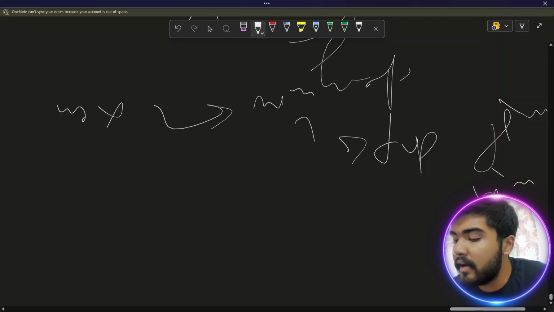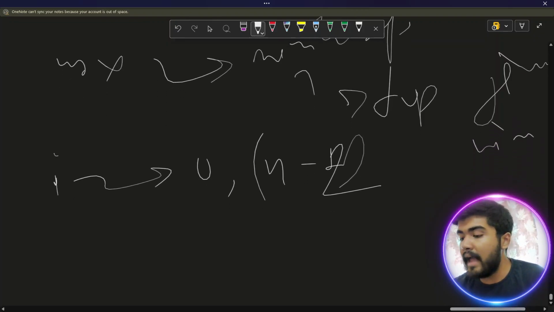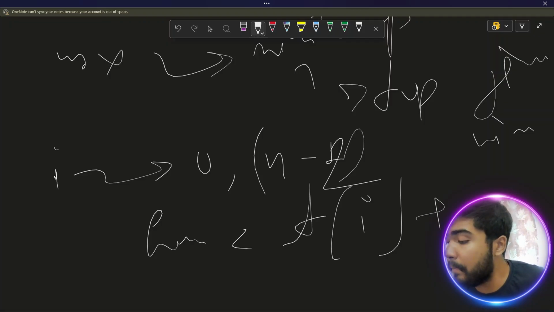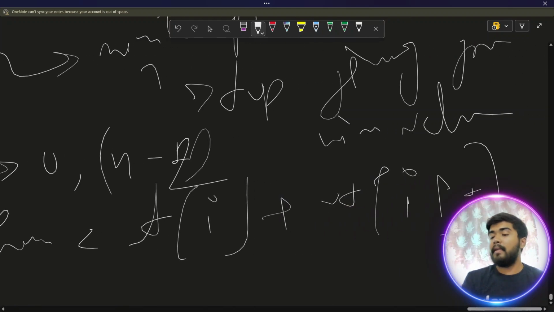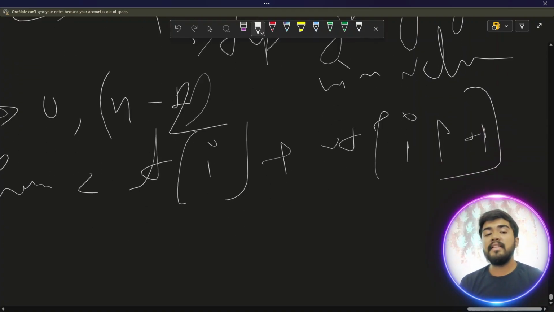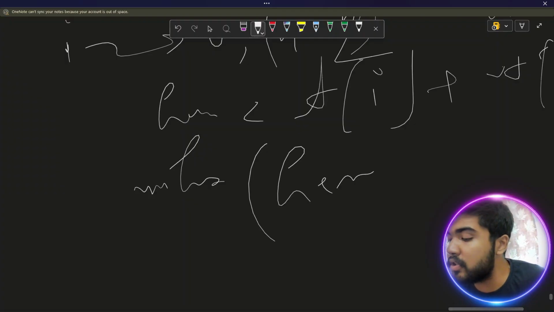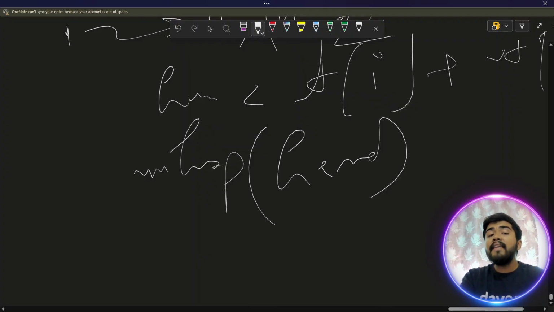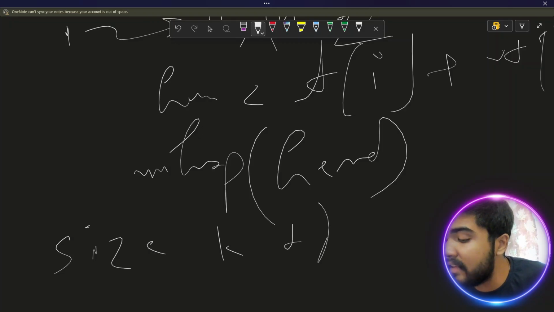So I iterate from i equals 0 to n-2, choosing weights of i plus weights of i plus 1, and I am always going to push this to my min heap. And I am checking what size I can maintain: a size of k-1. That is the liberty I have.